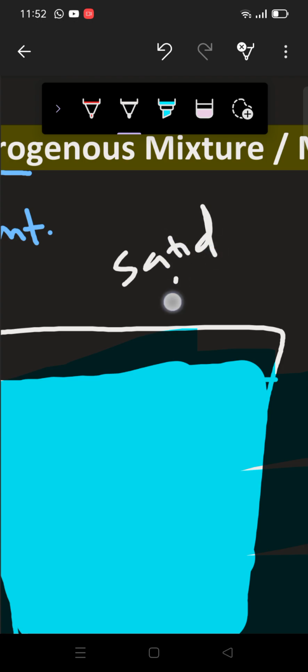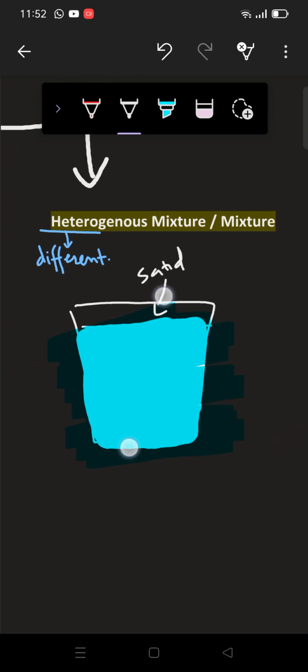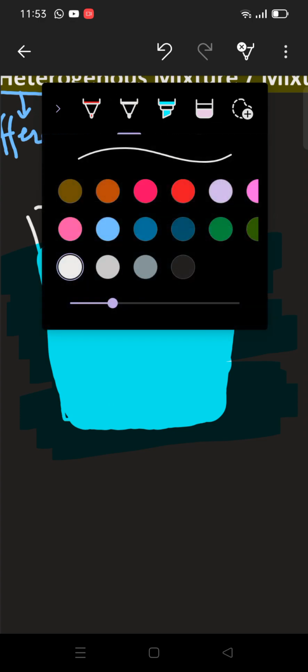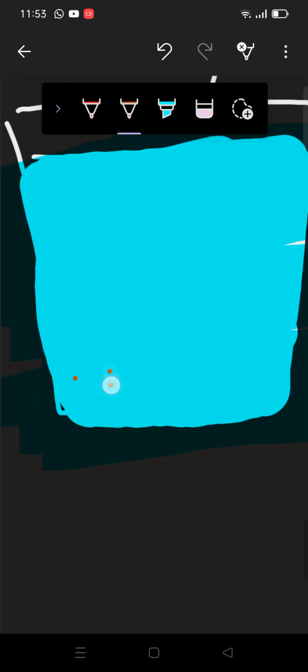And we know that when we put sand inside it, it won't be dissolved. It would go down and settle down. It would not come up, or it would not be distributed among the entire substance. So here we have sand particles. They're going to settle down in the water.